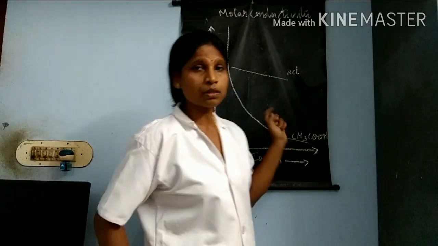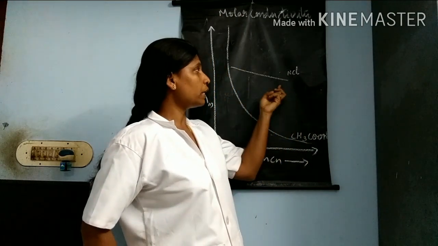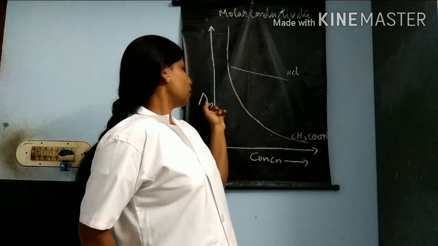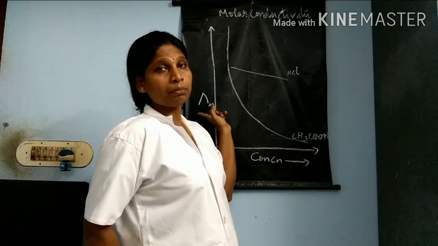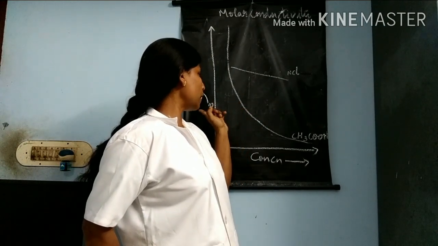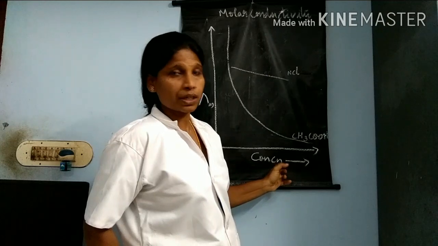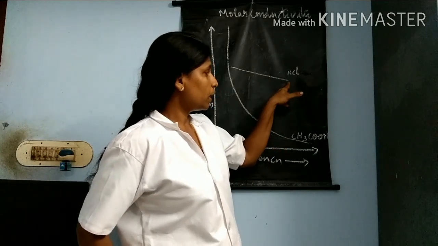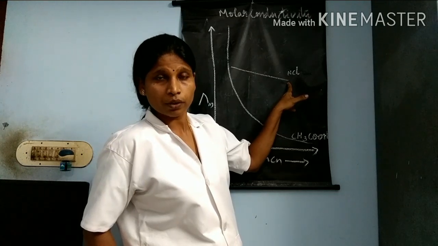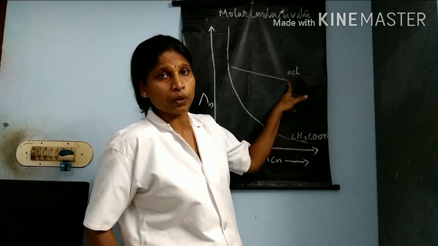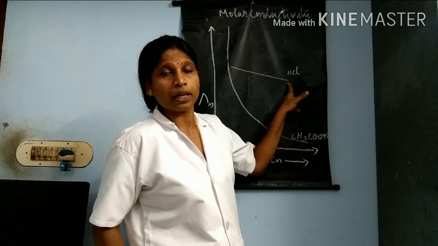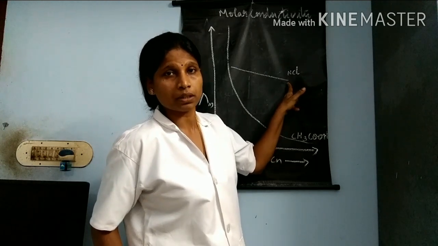I will explain this with the help of a graph. Here HCl is a strong electrolyte, and lambda m denotes molar conductivity. If we plot lambda m versus concentration, here we can see we take a highly concentrated HCl solution. We already know HCl is a strong electrolyte. Therefore, that solution contains H plus ions and Cl minus ions. That is, ionization is complete.